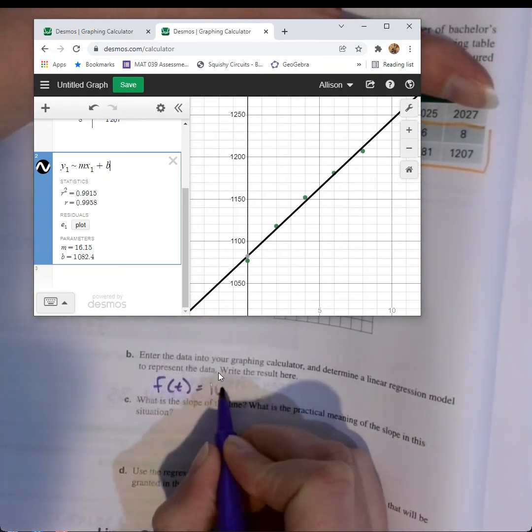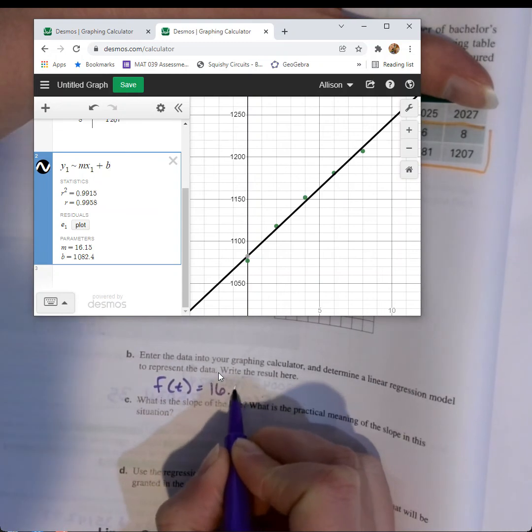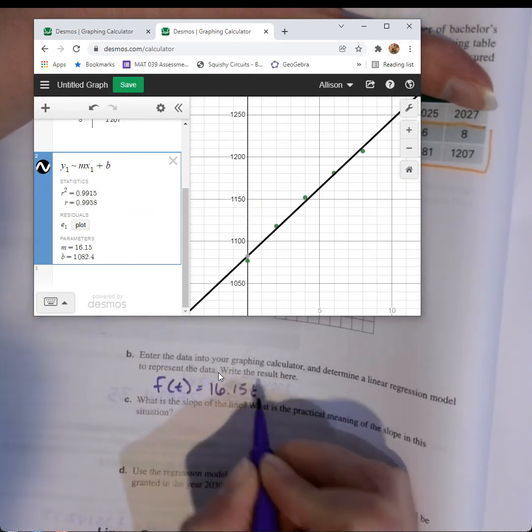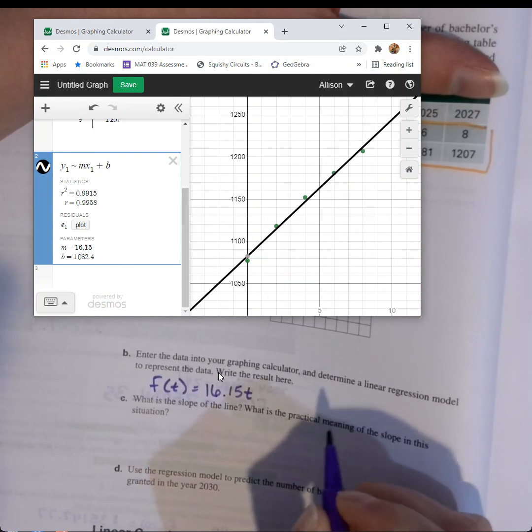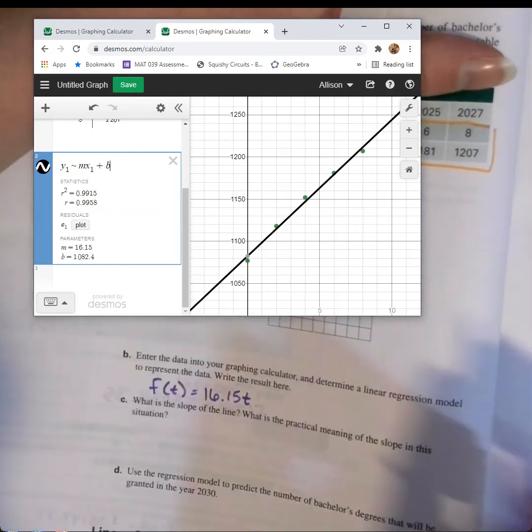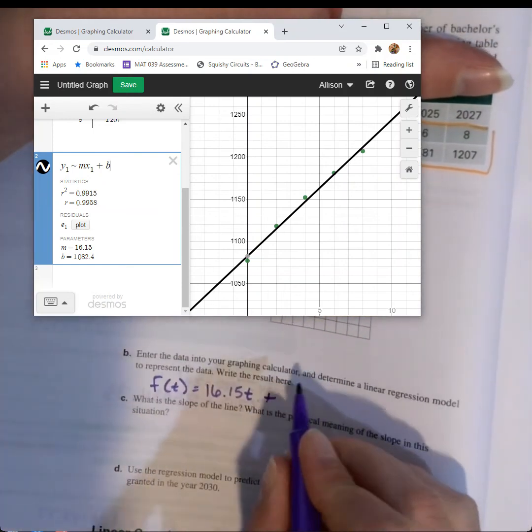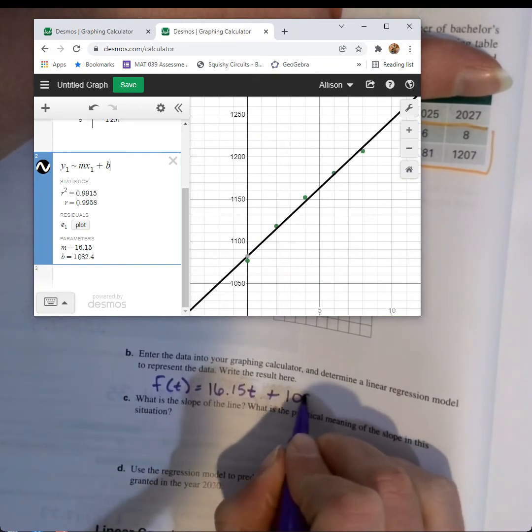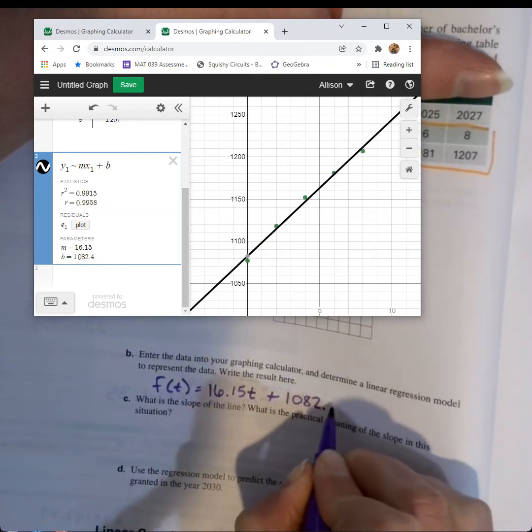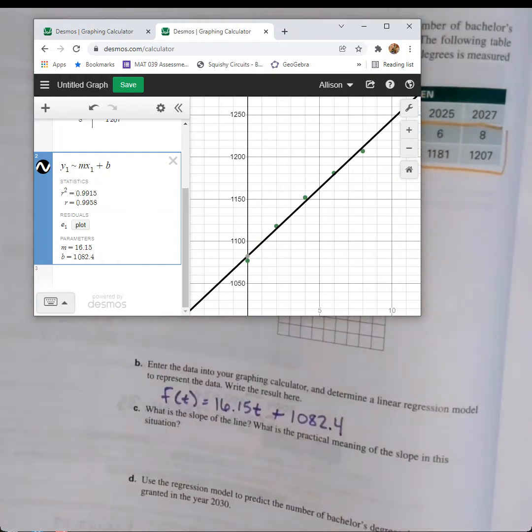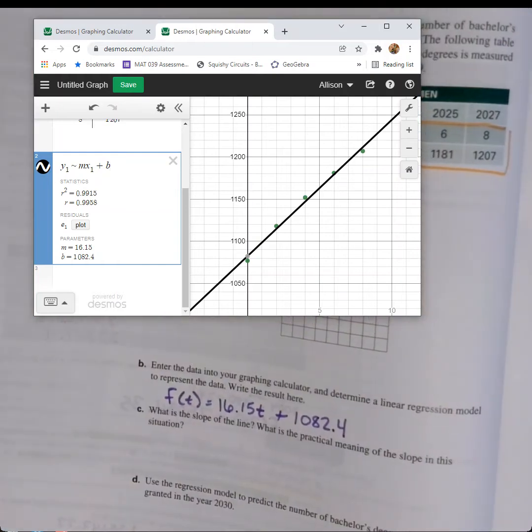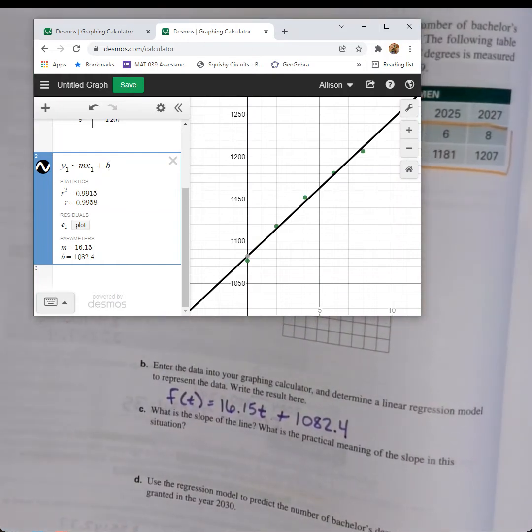So it is 16.15 times t, m times the independent variable, plus b, which is 1082.4. So I am using Desmos to come up with the equation that best fits this data.